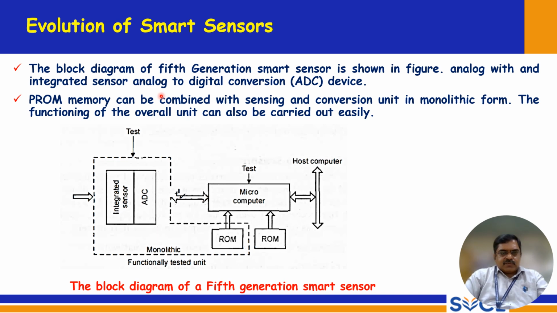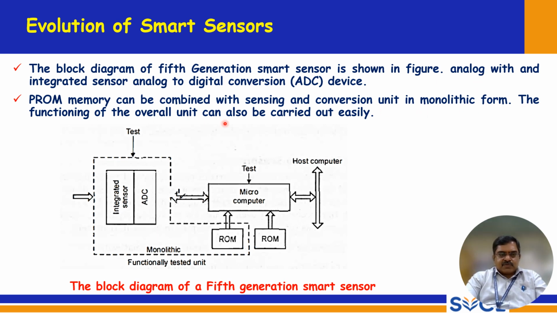And in the evolution of smart sensors, this is the fifth generation. Now we are in this generation. The block diagram of the fifth generation smart sensor is shown in the figure. An analog integrated sensor, and an analog to digital conversion device. Here the PROM, the programmable read-only memory, can be combined with the sensing and conversion unit in monolithic form.